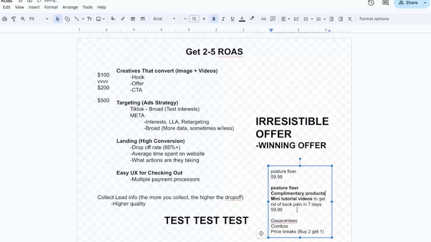That way, even if you source it and find it for $1, just adding something for $1 to the same thing makes it seem like, wow, these people have something very official. They actually have multiple things that help me. Man, let me get this, right? Because if you can position your offer so that someone receives a lot of value, the main thing to understand in an offer is how you can do one simple thing: increase the value.